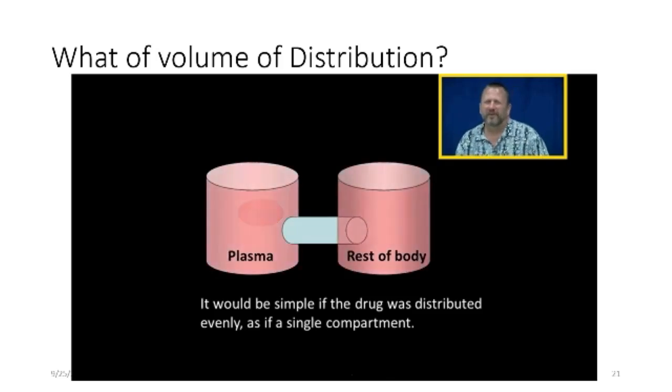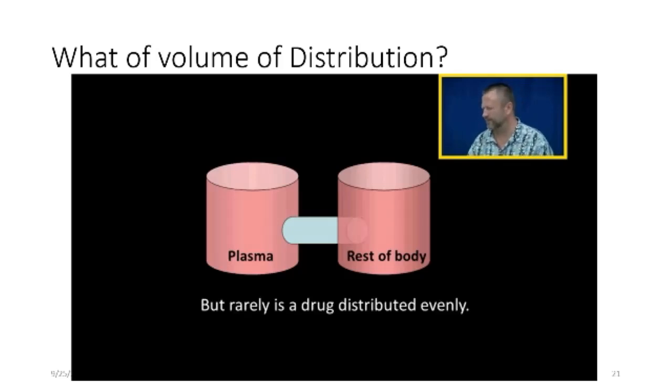Well, it would be very simple if a drug was added to the total body and distributed evenly between the plasma compartment and the rest of the body, but that is not the case. So rarely is a drug evenly distributed between the plasma compartment and the rest of the body water compartment.